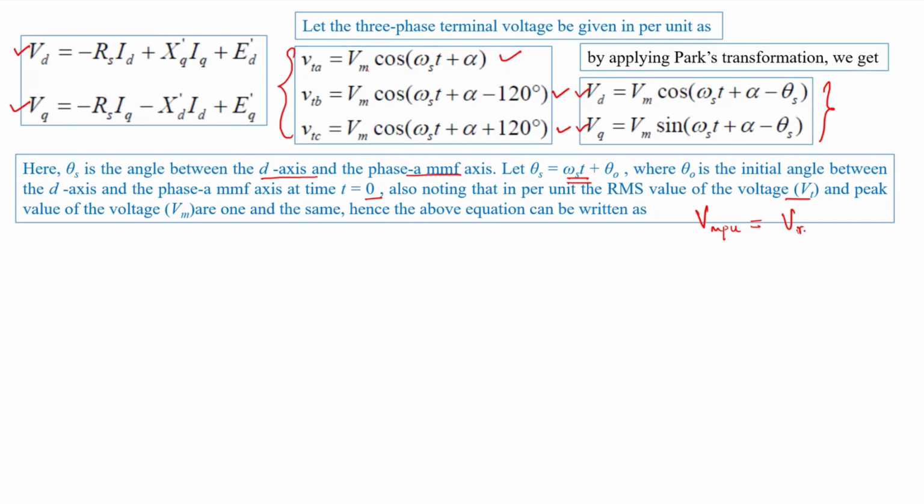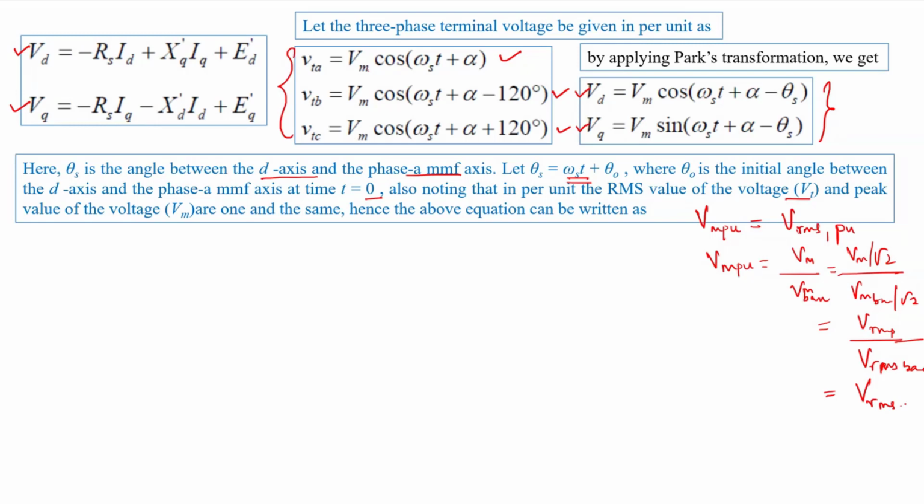Vm per unit is Vm by V base, so Vm base by root 2 gives Vrms base, and that will give me Vrms per unit.